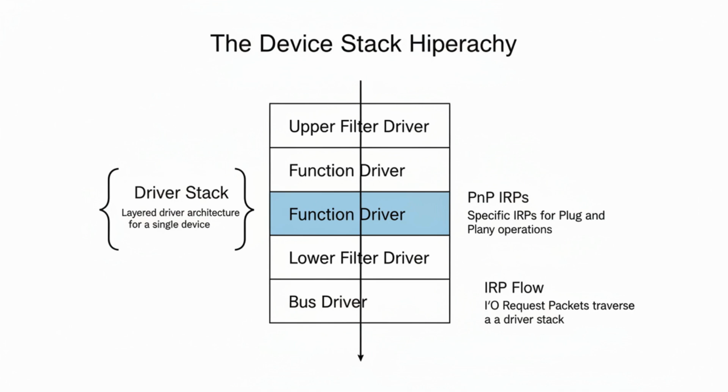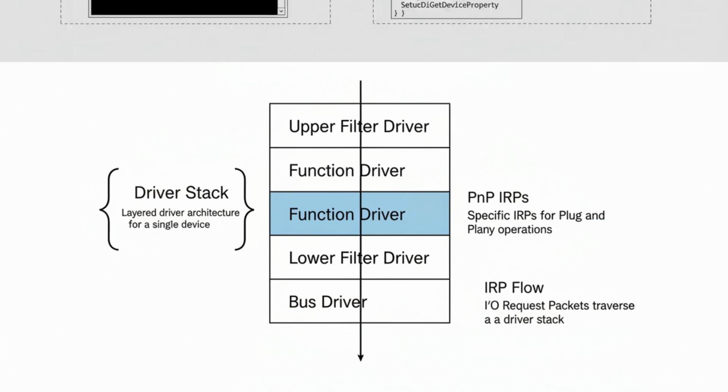The I/O request packet, IRP, is passed from one driver to the next, with each driver processing its relevant portion of the request. Specific PnP IRPs are used by the PnP Manager to query, start, stop, or remove devices, flowing through the device stack to notify all involved drivers of PnP events.